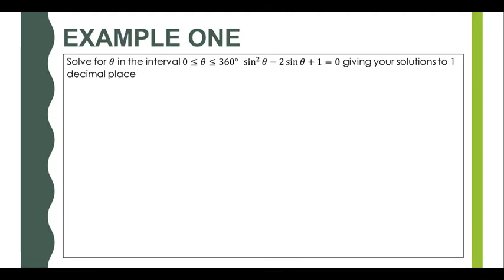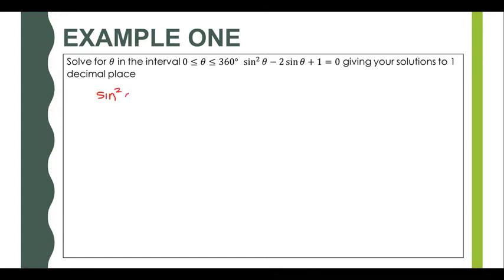If we look at the first example, we're asked to solve for theta in the interval between 0 and 360 degrees the equation sine squared theta minus 2 sine theta plus 1 equals 0. So we've got a quadratic trig equation.